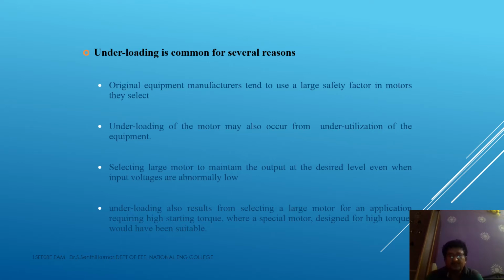Underloading may also result from selecting a large motor for an application requiring high starting torque. A special motor designed for high starting torque would have been suitable for this.